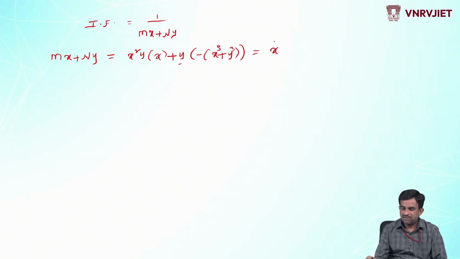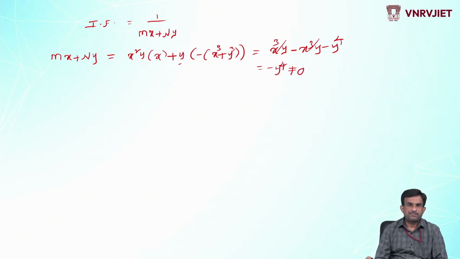Let us calculate this. This is x cube y, then minus x cube y, then minus y to the power 4. So x cube y gets cancelled, and what remains is minus y to the power of 4, which is not equal to 0. Therefore the integrating factor is 1 by minus y to the power of 4, that is minus 1 by y to the power of 4.